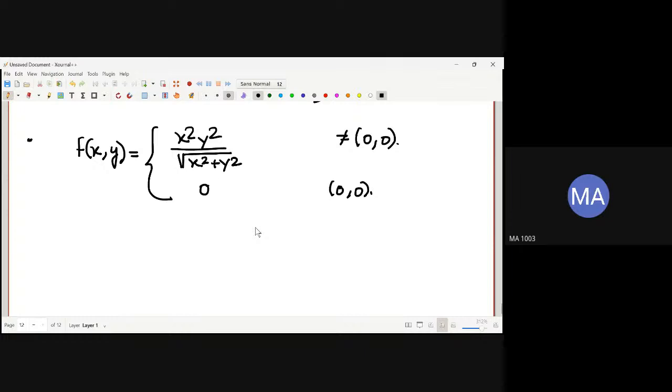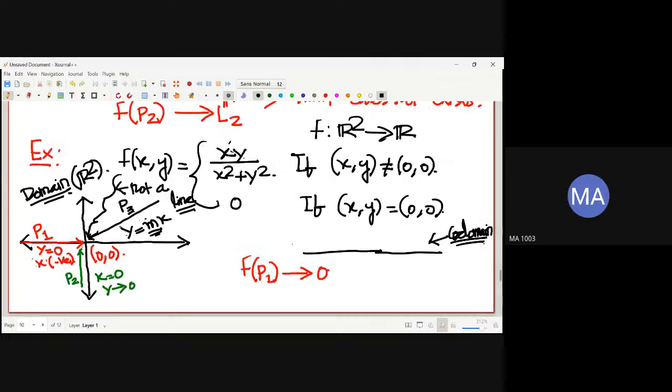So the thing is again, if you go back and see, when I'm taking the limit at (0, 0), it doesn't matter what path I am taking.